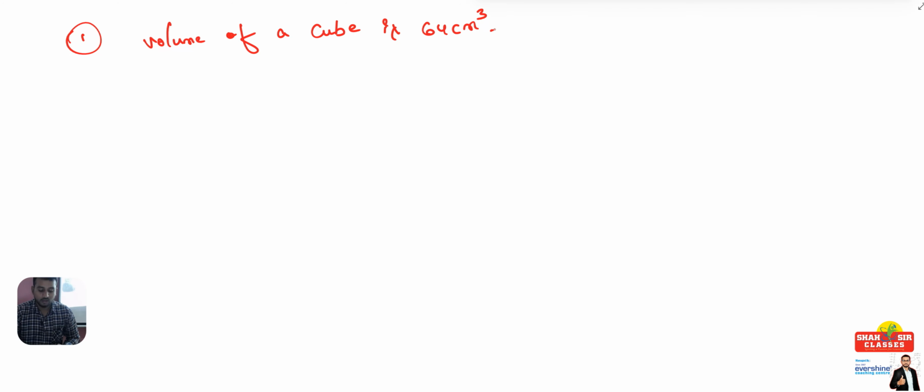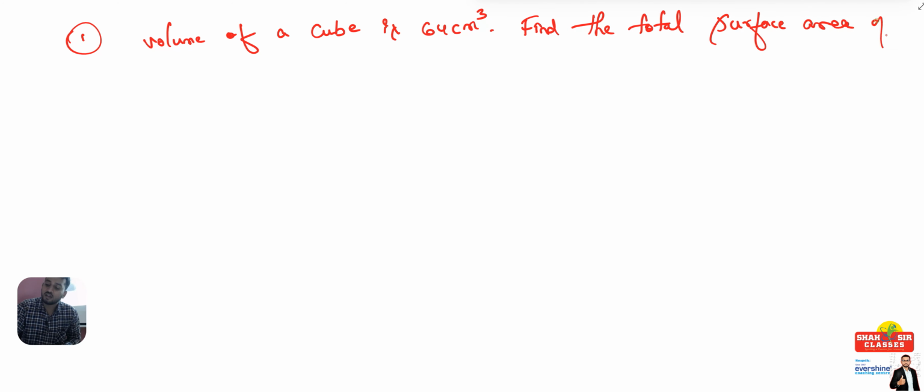Full stop. Find the total surface area of the cube. And tell me the answer, quick.